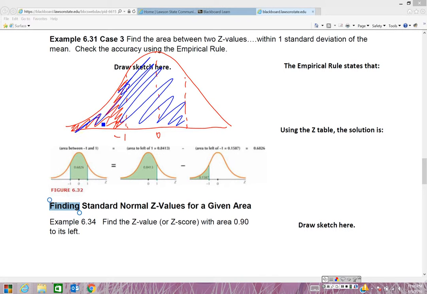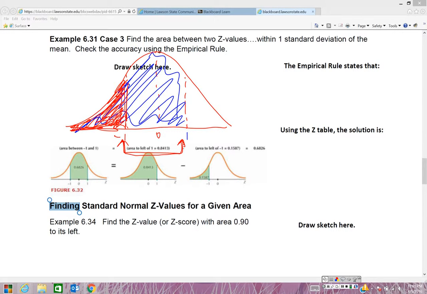We originally had all of this when we looked at z equals 1, but we want to come back and subtract this area from this area in blue. That way we will only have the area between -1 and 1, or within one standard deviation of the mean.